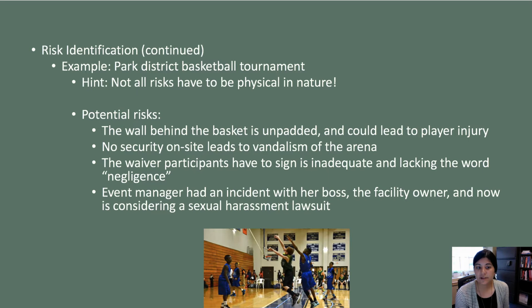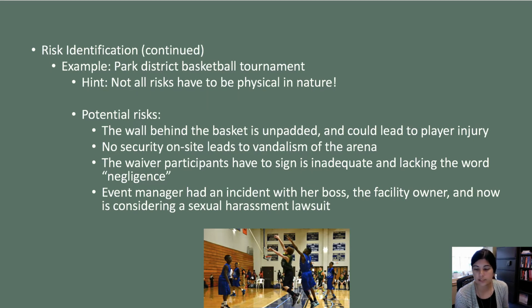Okay, I just gave you an example here of what an actual risk identification might look like. I gave you the example of a Park District basketball tournament, and then I identified 4 risks at that tournament. So this gives you an idea of how you might actually word risks that you're identifying. And you can see you want to be detailed, but not too detailed, right? You want to basically provide a synopsis of what the risk is.